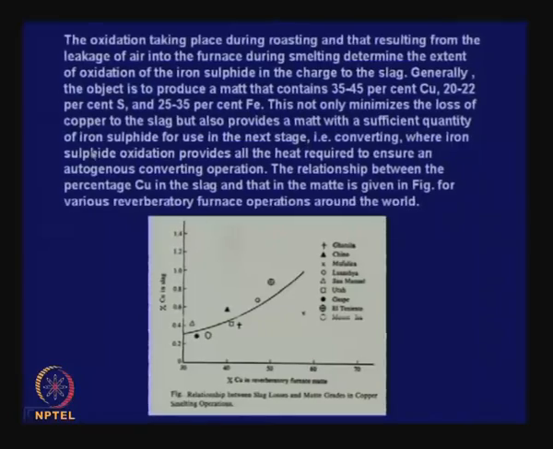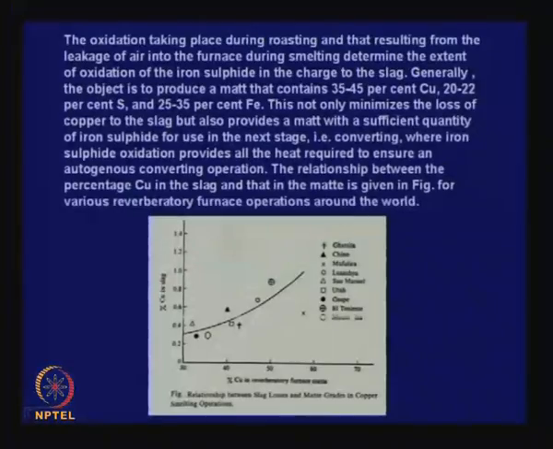Now, in the next stage where there is converting, the iron sulphide oxidation will provide all the heat required to ensure an autogenous converting operation. You need to have a certain amount of iron sulphide, because that will oxidize and give you a lot of heat, so that you do not need any extra heat in the converter.